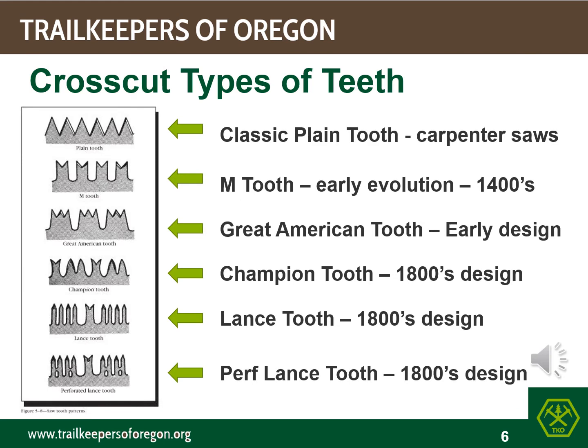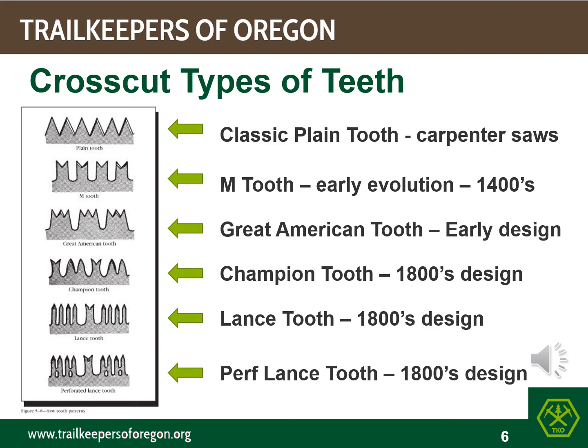In the USA, the crosscut came into wide usage in the mid to late 1800s for felling trees and bucking logs. Newer tooth patterns, particularly with the raker designs to clear the cut noodle from the kerf, made the saw popular for the public.